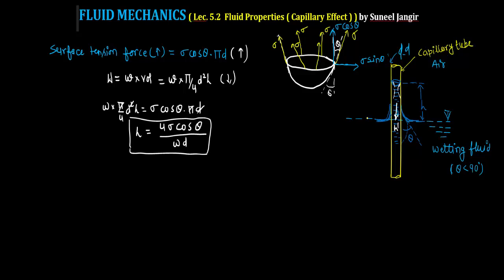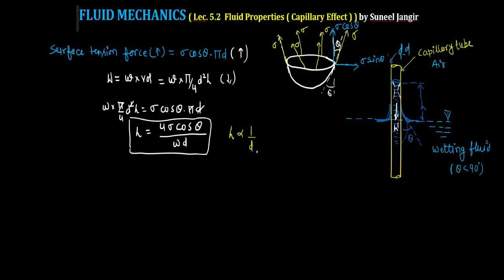As the interface is fixed, as in this case the interface is air and water, this sigma is also fixed. So for h, sigma is constant, theta is constant, specific weight is constant. So h is variable with diameter, so we can write that h is proportional to 1 by d.